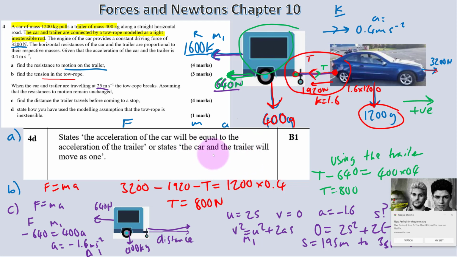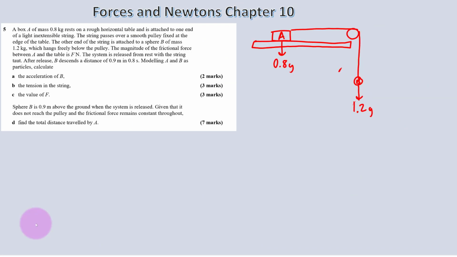So the car and trailer will move as one, and that's the answer they're looking for. Let's explain this question in detail, because these skills do become relevant in year 2, and you need these skills to answer mechanics exam level questions in year 13.